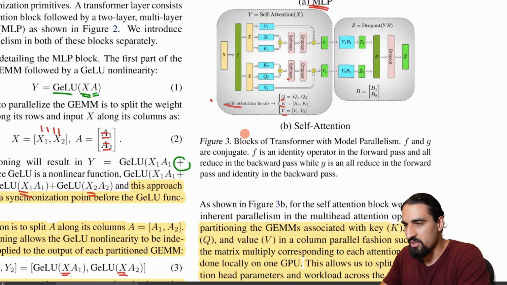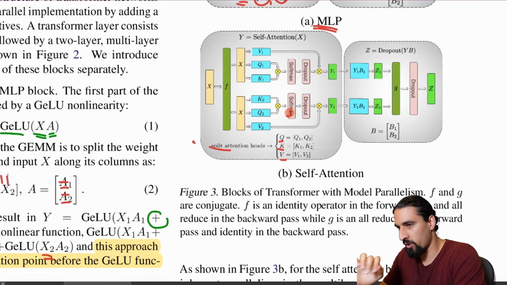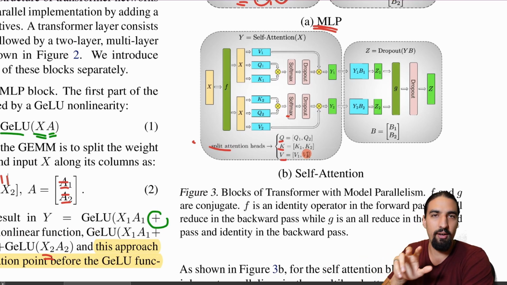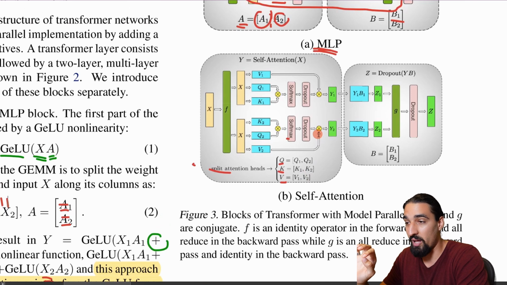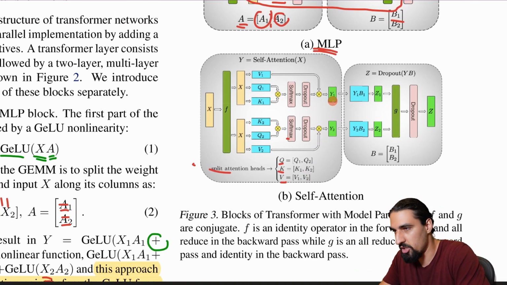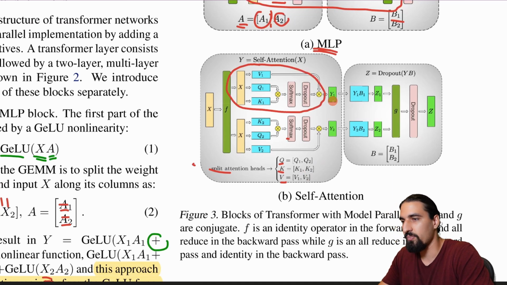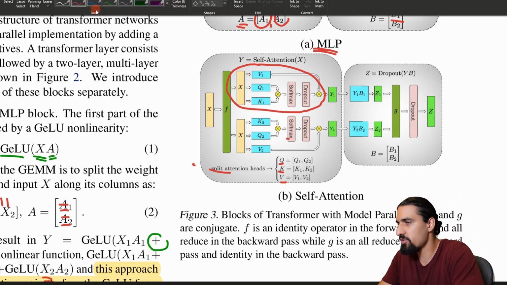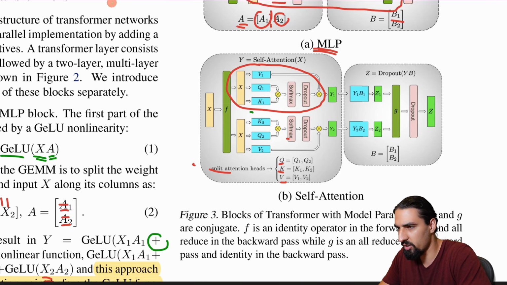Okay, so let's get back to the attention. Let's imagine for the sake of explanation we only have 2 heads. What will happen is that the device up here is going to compute the representation for the first head, and the bottom part of this diagram is going to compute the second head.